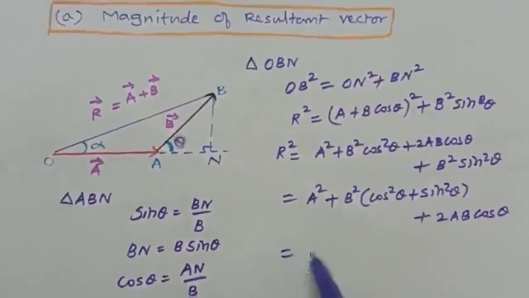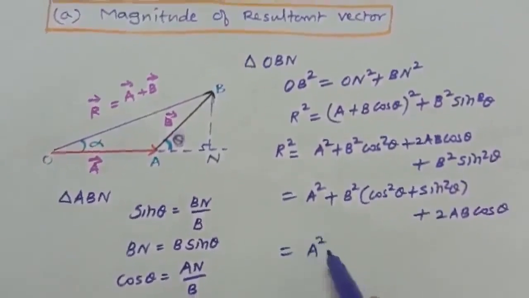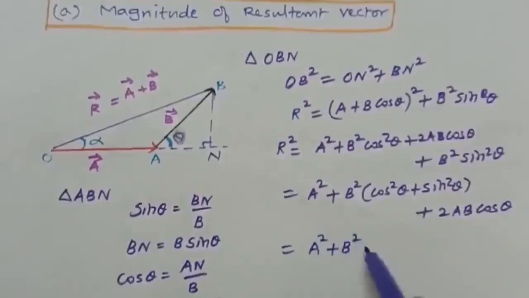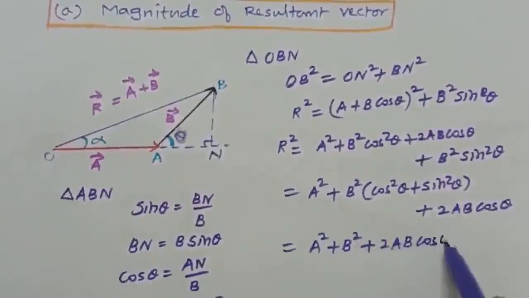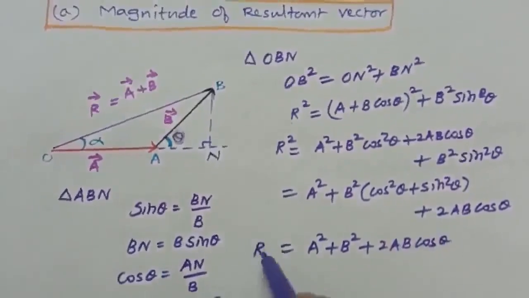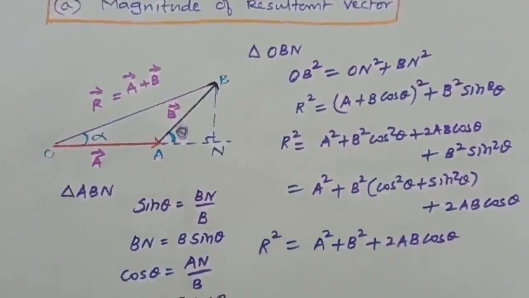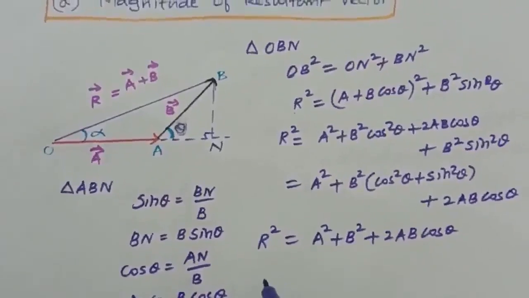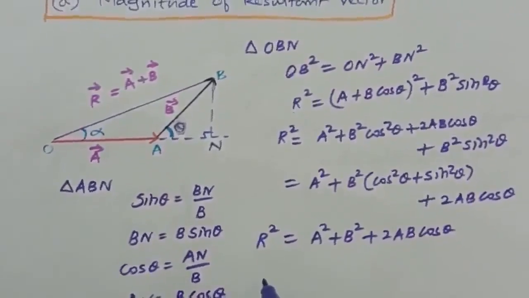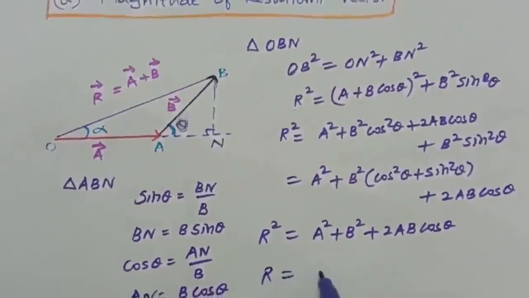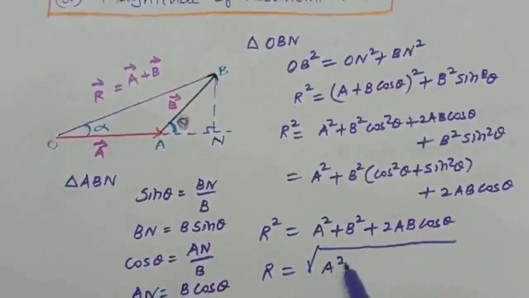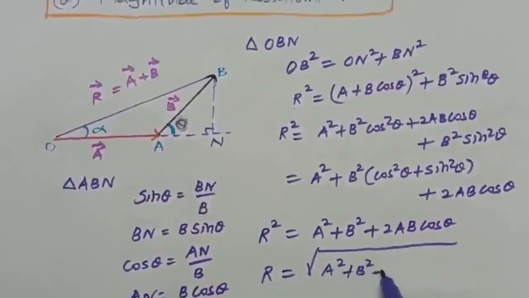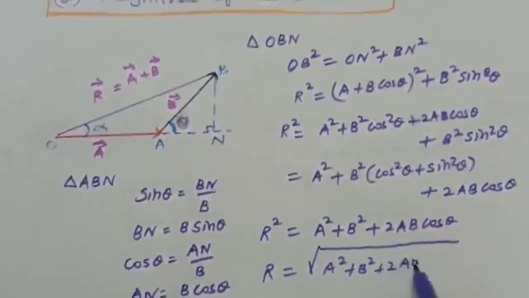That value is 1. A square plus B square plus 2AB cos theta is equal to R square. Therefore the magnitude of resultant vector R is equal to square root of A square plus B square plus 2AB cos theta.